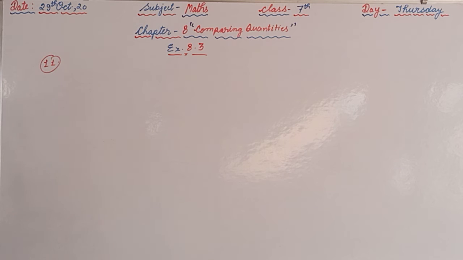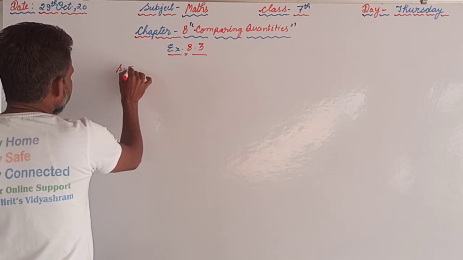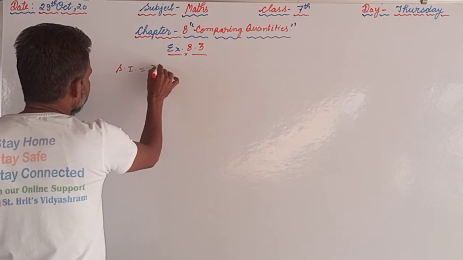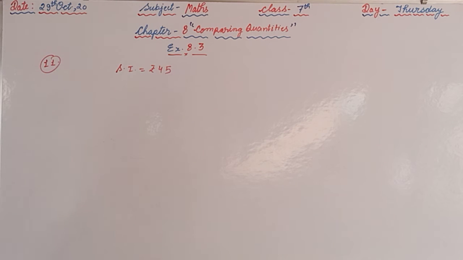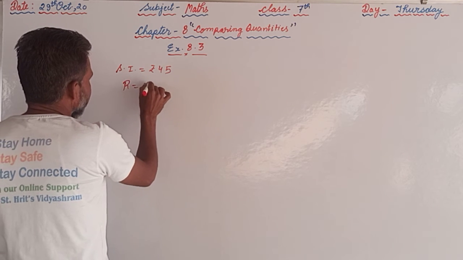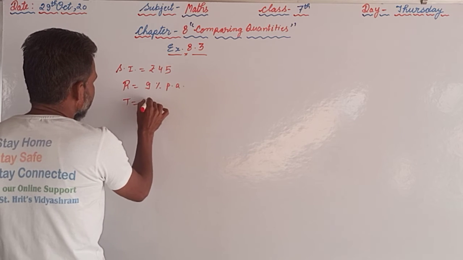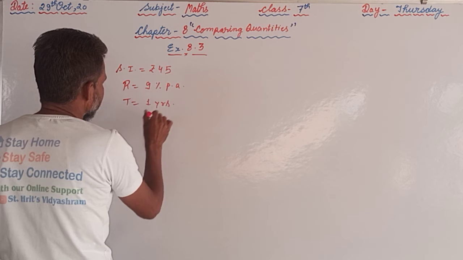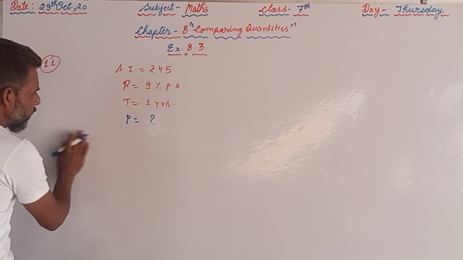If Minu gives an interest of rupees 45, means the simple interest given is rupees 45, for 1 year at the rate of 9%. So rate is given 9% per annum, and time is 1 year, and we are supposed to find the principal, means what amount she borrowed.